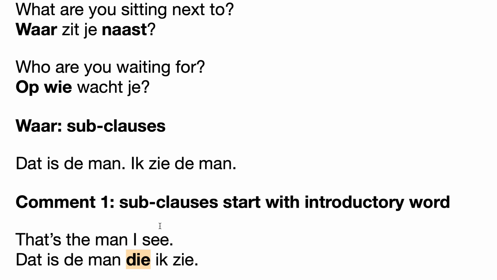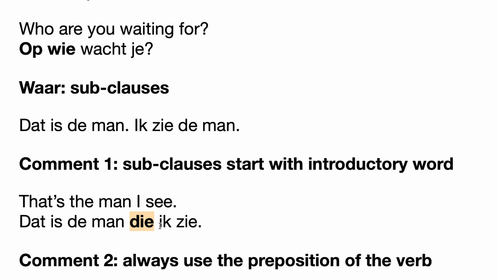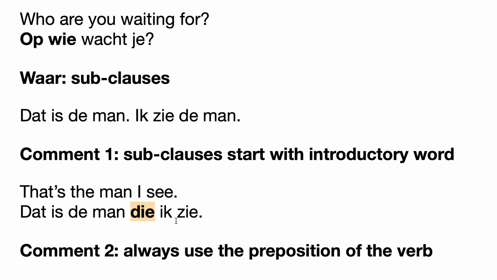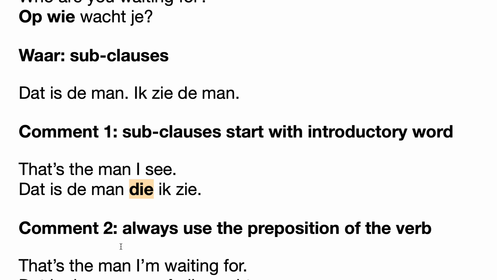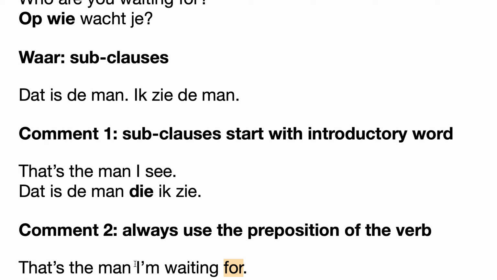Okay, then we're going to go to comment number 2. If in the second sentence, that's the man I'm waiting for, if there is a preposition with the verb here, if the verb stands with a preposition, you will have to use this preposition to make this little word that belongs in the middle of the sentence.